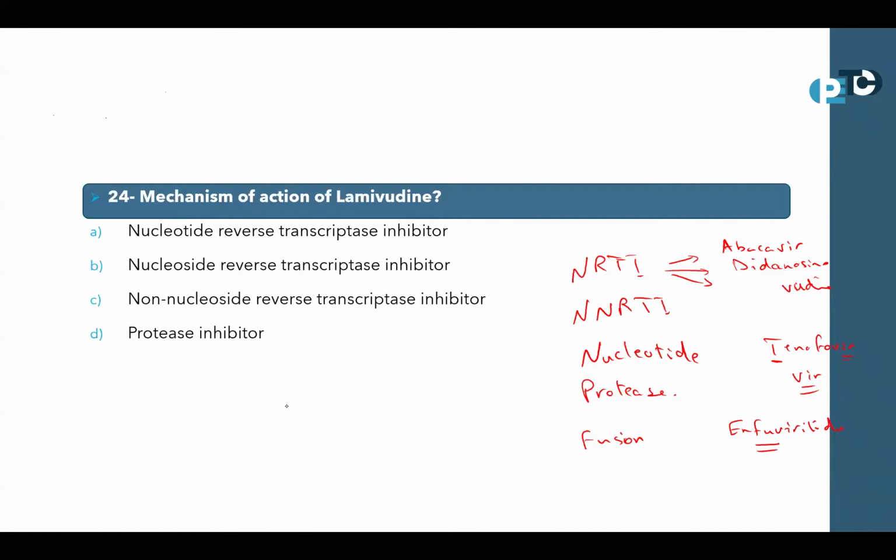So lamivudine is a nucleoside reverse transcriptase inhibitor. Okay. Lamivudine also has another important use. It is the first line treatment of hepatitis B virus.